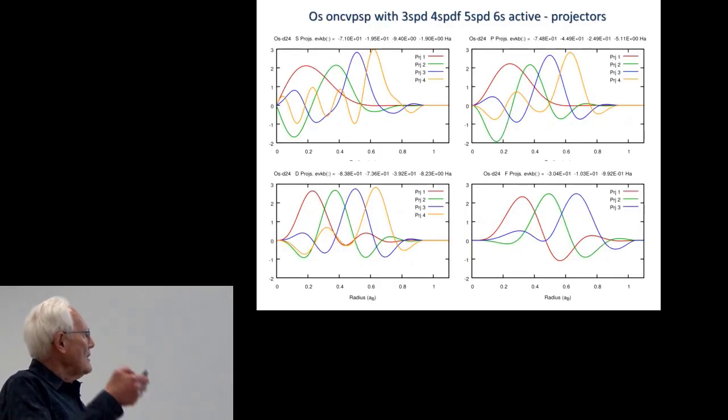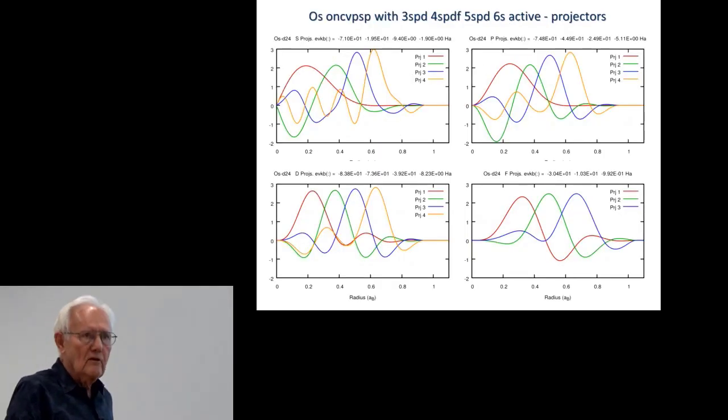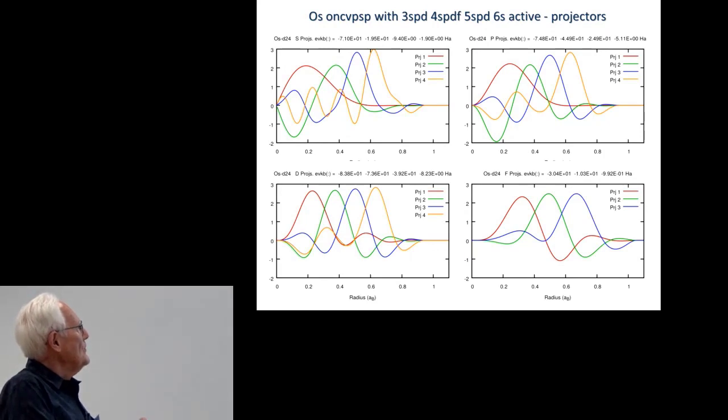So here's what a set of projectors look like, where we are pseudizing not only the valence and shallow core, but several more shells, in this case for osmium. And these plots come out looking rather pretty, in my opinion, just quite systematic.